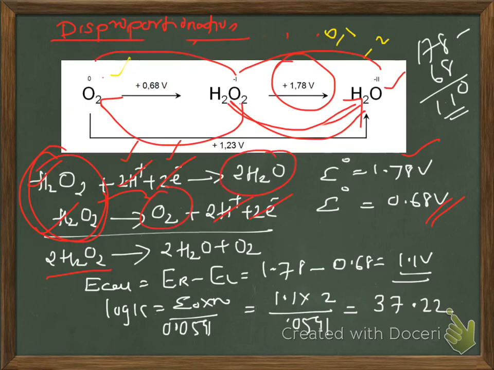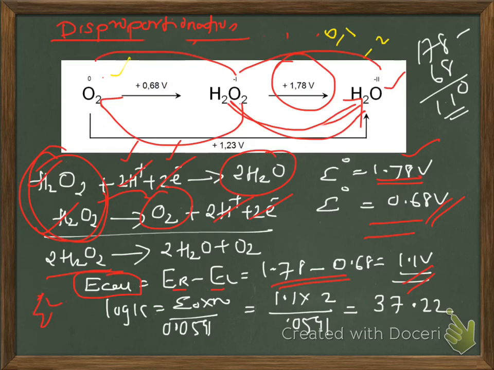This is a simple reaction and the total EMF or E cell of this reaction can be calculated from E cathode minus E anode, otherwise E right minus E left. E cathode is 1.78 minus 0.68, so we will get 1.1. What is 1.1? E0 cell is 1.1.